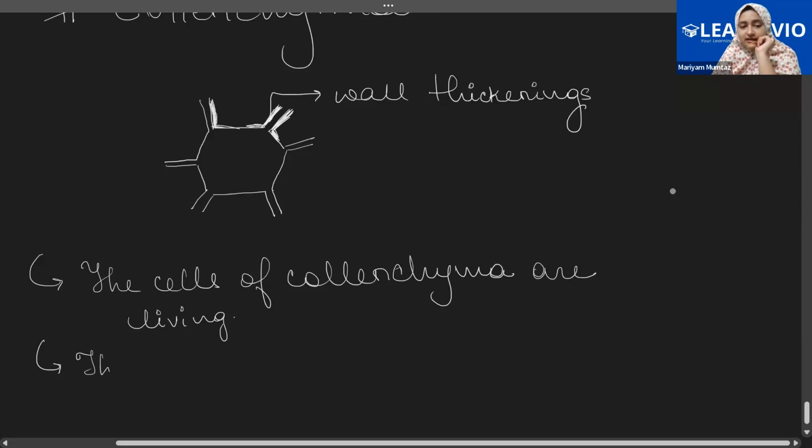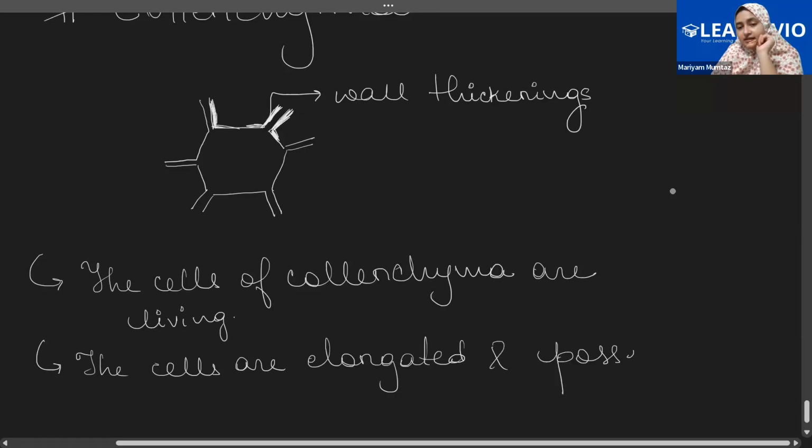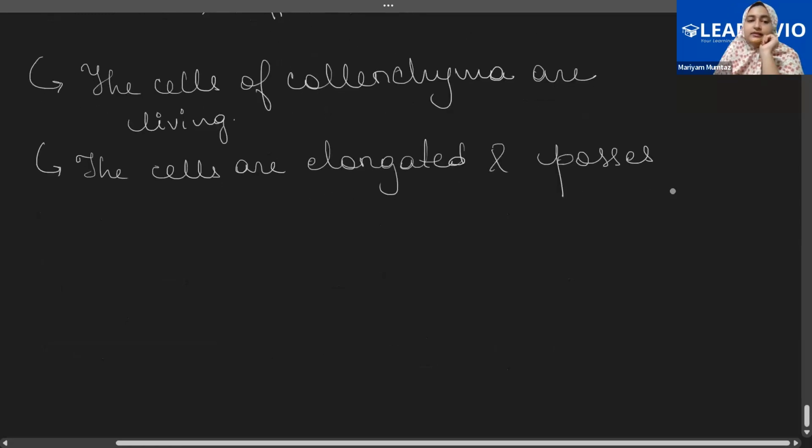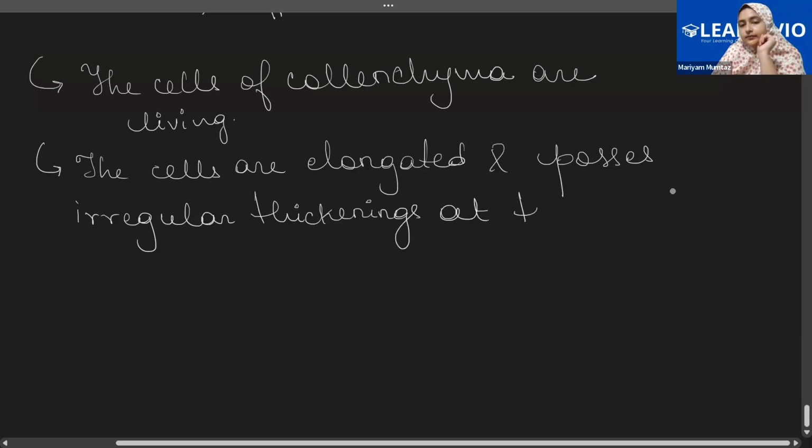So the cells are elongated, and they possess irregular thickenings at the corners.